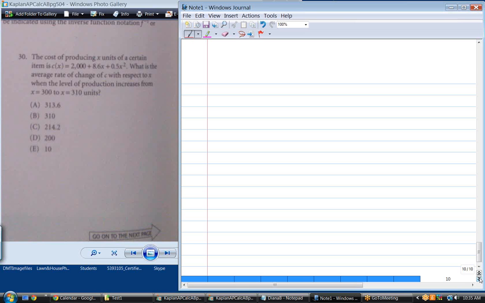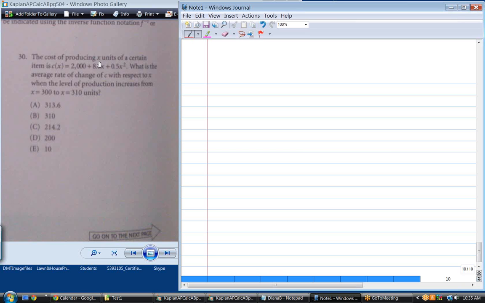Average rate of change is not a calculus concept. It is a pre-calc, an algebra concept. Calculus is instantaneous rate of change. So average rate of change is just the rise over the run.